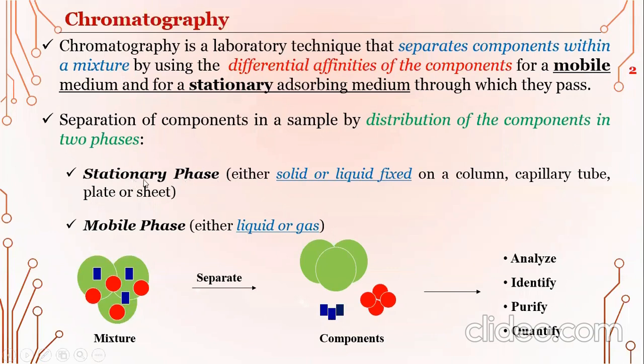The first is the stationary phase, and the second is the mobile phase. Stationary could either be solid or liquid, fixed on the support, and the mobile phase can either be liquid or gas. Am I clear on this slide?